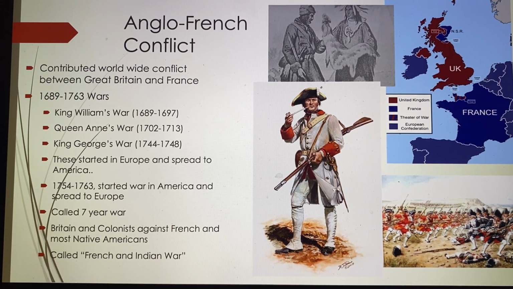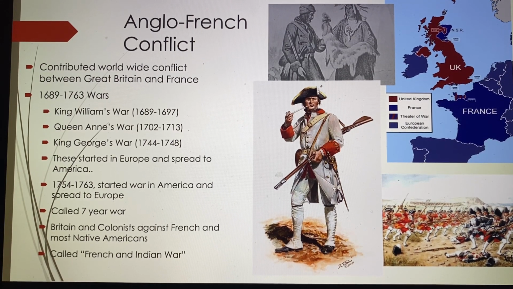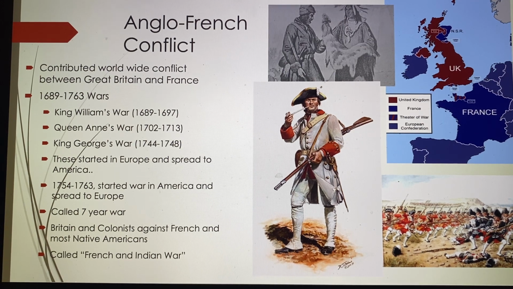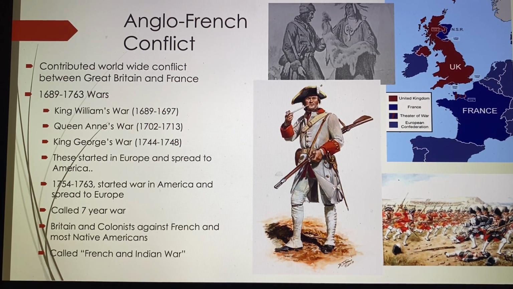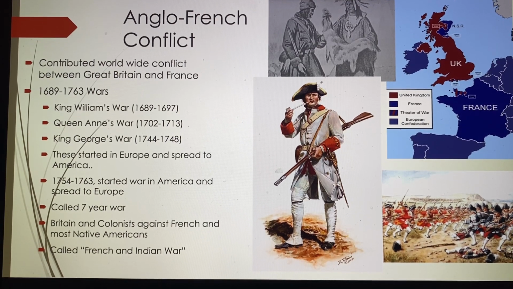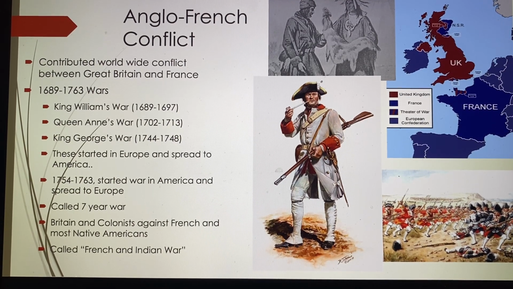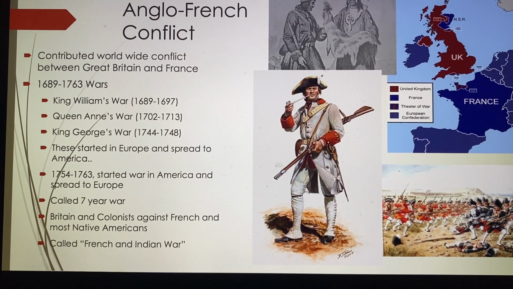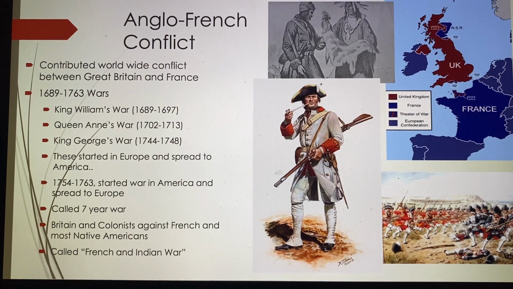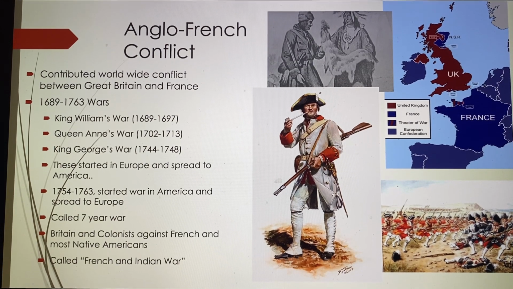One was called King William's War, 1689 to 1697. Queen Anne's War, between 1702 and 1713. King George's War, 1744 to 1748. This was all going on in Europe. And because we were a colony of England, we were kind of forced into supporting England against France in every way that we could, right?